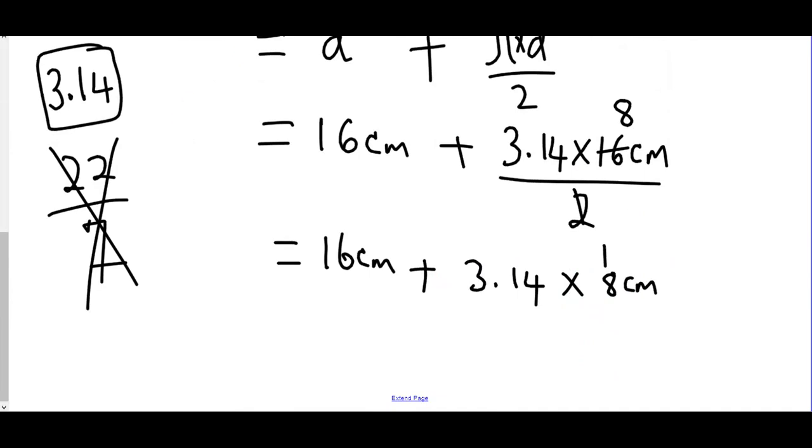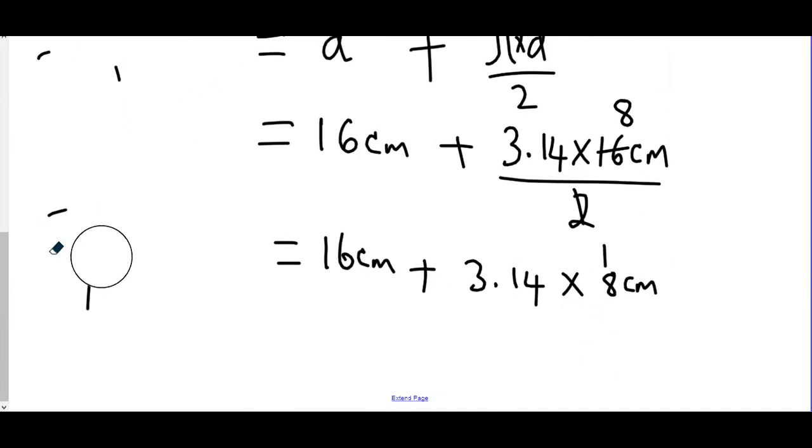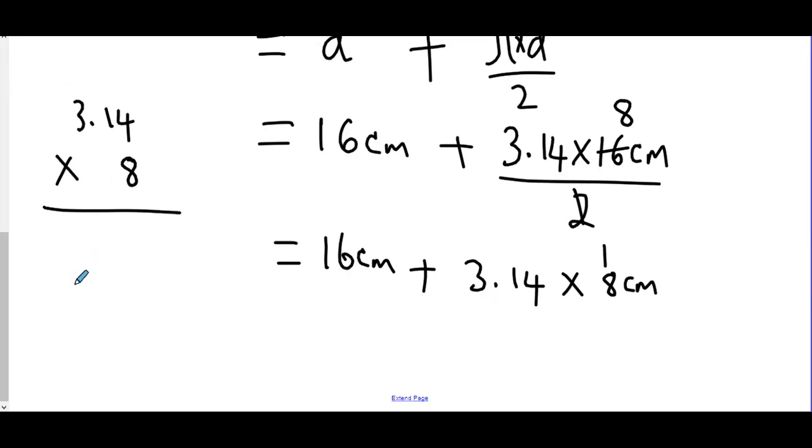Do vertical multiplication. Slowly, don't rush things. You take 3.14 multiplied by 8. 4 times 8 is 32. Carry 3. 8 times 1 is 8, add 3, 11. Then 8 times 3 is 24, so that will be 25.